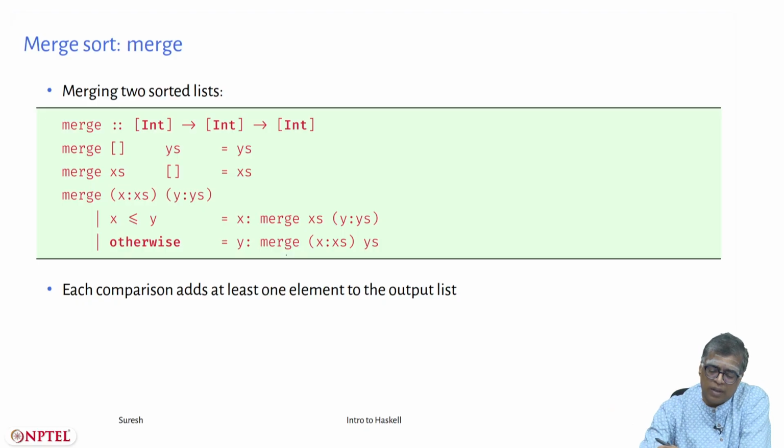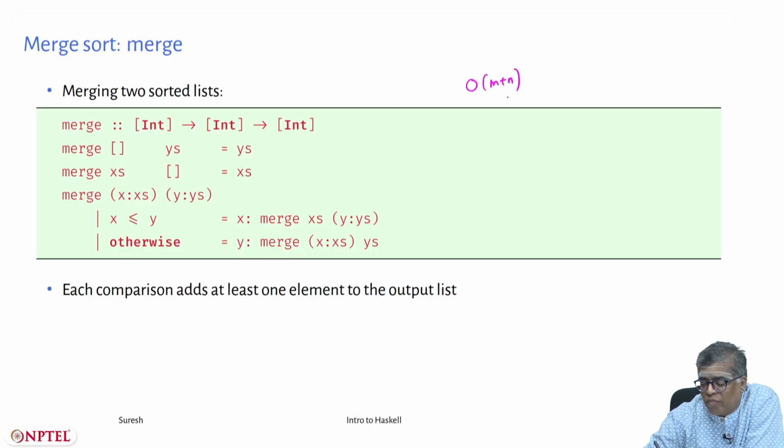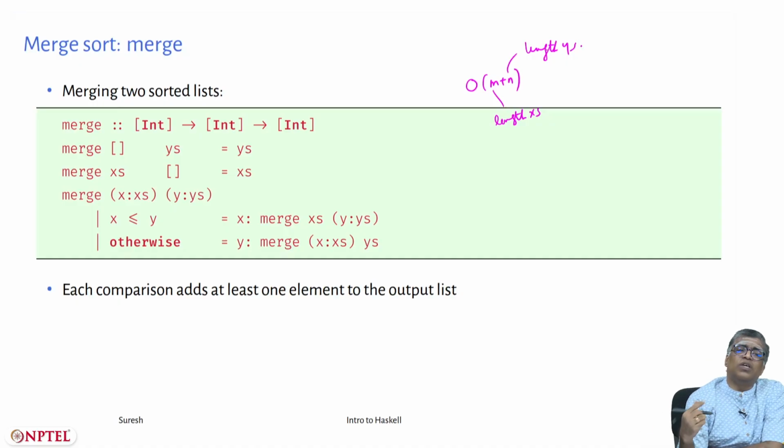Now the time taken for merge is order m plus n, where m is the length of xs and n is the length of ys. One easy way to say this is that each comparison adds at least one element to the output list, either x or y, and there are totally m plus n elements in my original two lists.